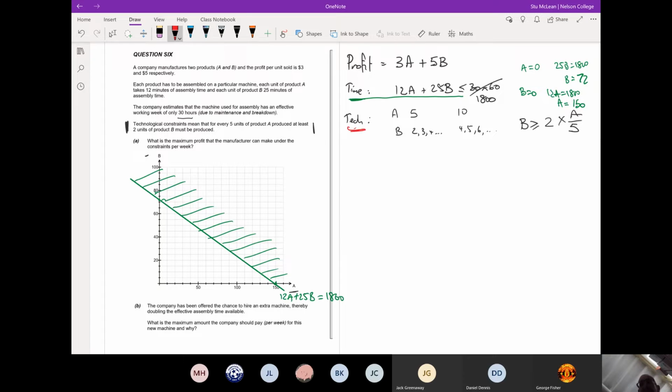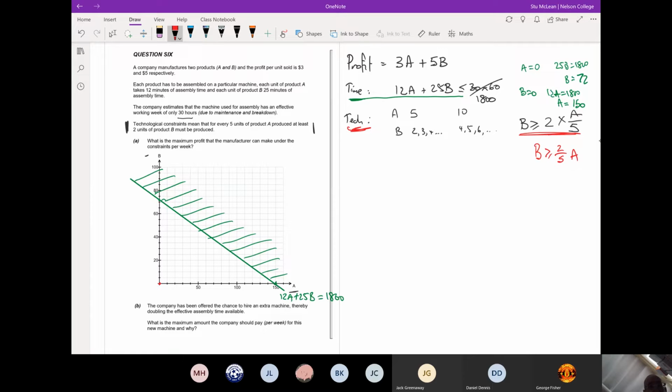My tech line: for every 5 units of A produced, I need at least 2 units of B produced. So I want to plot the line B is greater than or equal to 2/5 of A. It goes through 0, 0, and it's got a slope of 2/5.